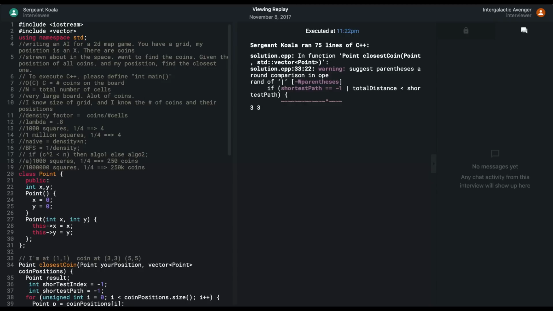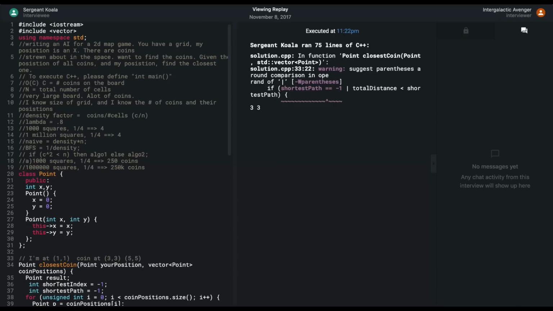Or did I change these and maybe not change it here? Points divided by cells. Oops, we lost our work. I think it's actually the other way around. They're both with C. Okay. Anyway.